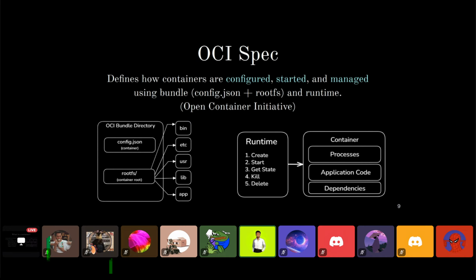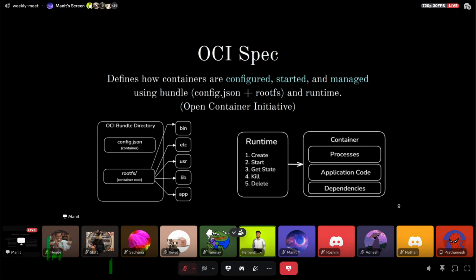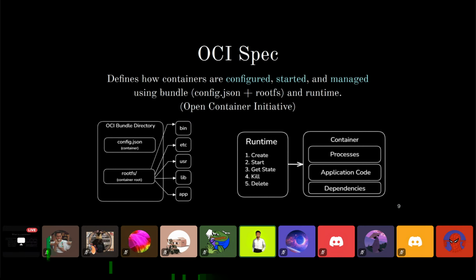The runtime spec defines how a container's lifecycle is managed, that is, how a container is created, started, stopped, and later cleaned up on the host system. It also relies on the concept of a container bundle. The bundle is a directory structure that contains everything a runtime needs to start a container. It includes two key parts: a config.json file that holds all the container settings, and a rootfs, which is the container's root file system.